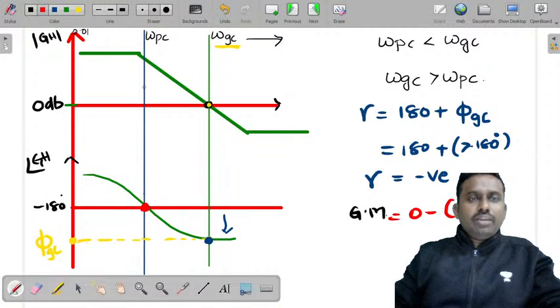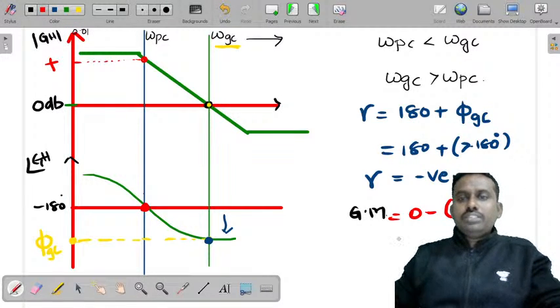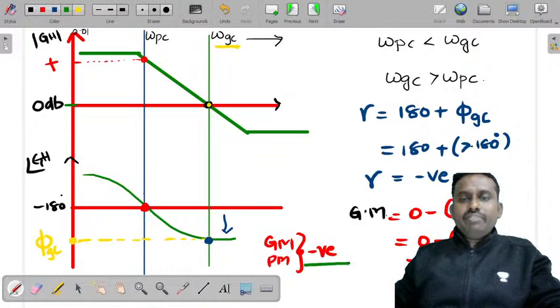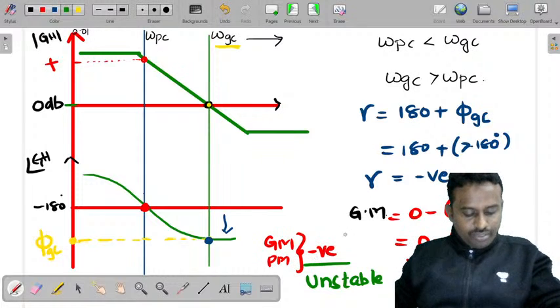You drop a line onto the magnitude plot and get a magnitude, which is positive. So it is 0 minus plus y, and this will be negative. So here you have both gain margin and phase margin negative. Whenever gain margin or phase margin is negative, we can say that the system is unstable.